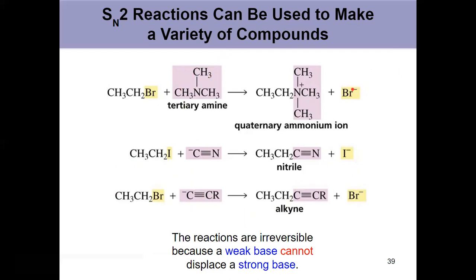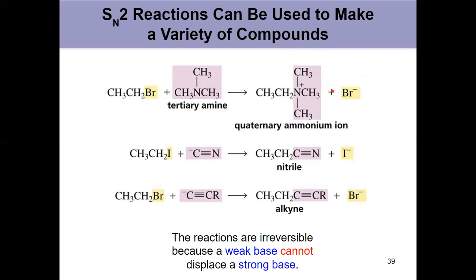We learned this way back in chapter 2, predicting reactions. These are all irreversible, going from reactants to products left to right, because these weak bases that are produced, which is good, a weak base is a good leaving group, so that helps us, but it means we also can't turn the reaction around. Bromide isn't going to come in here and attack carbon and kick off that amine. So these reactions are always just going in one direction.